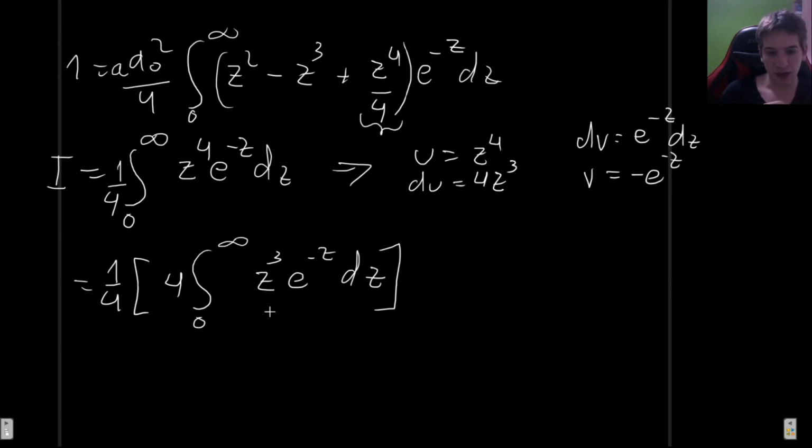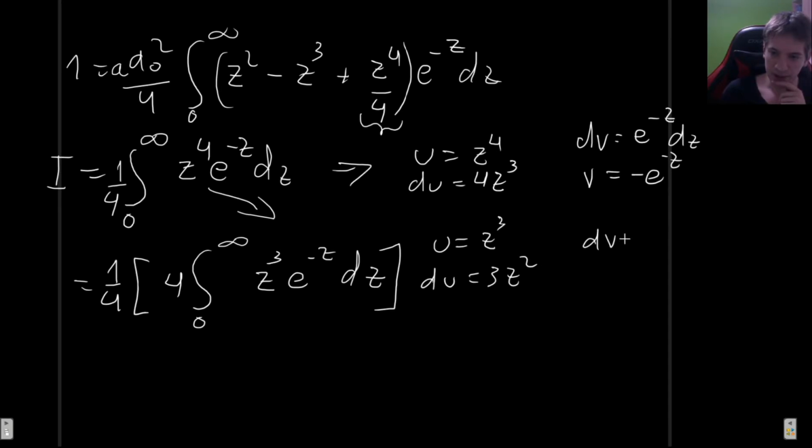And now we can actually notice first that this is the same form that we had before, except the exponent came down, and now we have z to the 3rd. So let's apply integration by parts one more time. So u is equal to z cubed, du is equal to 3z squared, dv is going to be just as before, e to the minus z dz, and v will be minus e to the minus z.